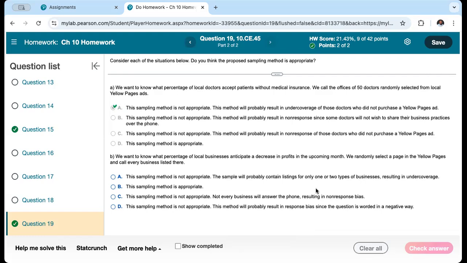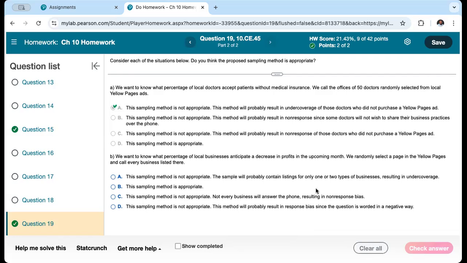Okay. So let's do it together. The question says that we want to know what percentage of local businesses anticipate a decrease in profits in the upcoming month. That is our goal. We randomly select a page in the yellow pages and call every business listed there.